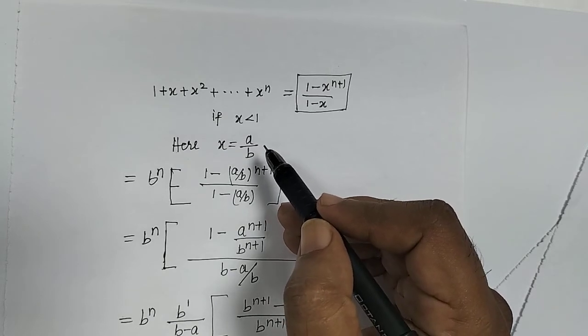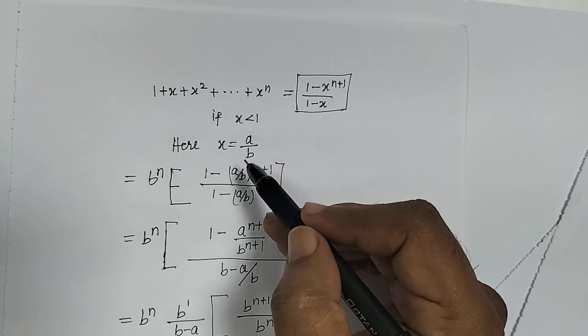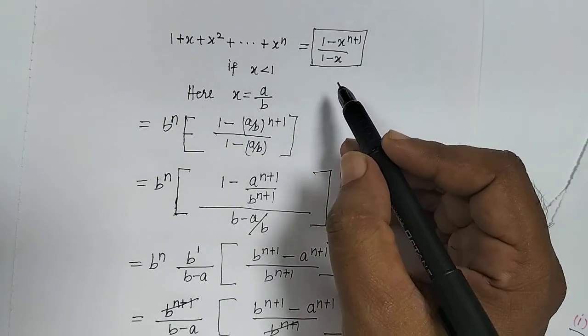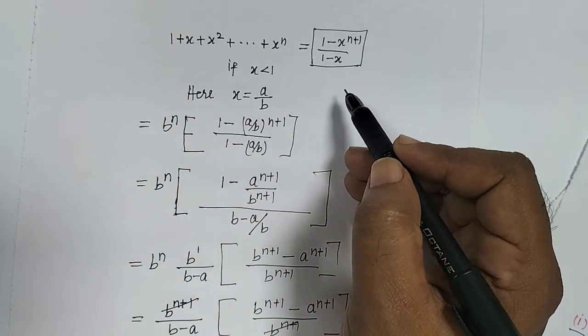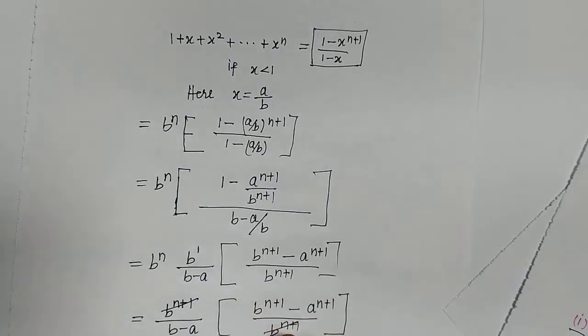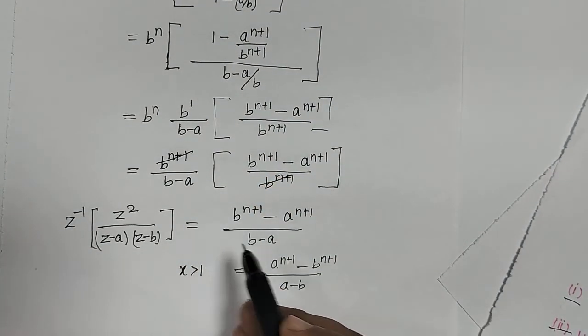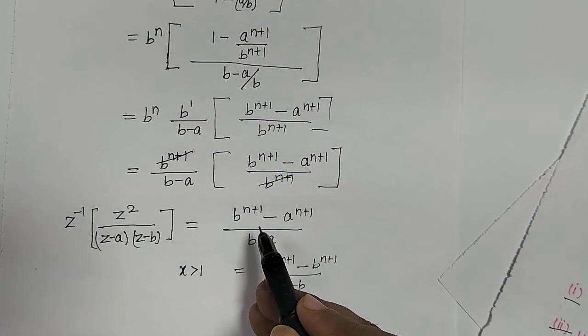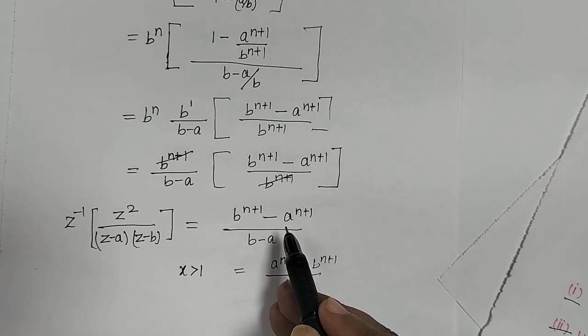If it is less than 1, we can apply the x less than 1 formula. It is a by b. So I took the general formula 1 minus x power n plus 1 divided by 1 minus x. Here I substituted and we simplified the term. You will get the final answer b power n plus 1 minus a power n plus 1 divided by b minus a. Okay.